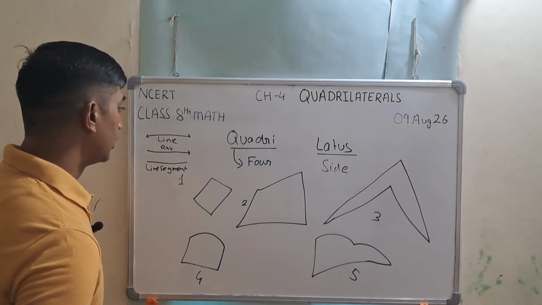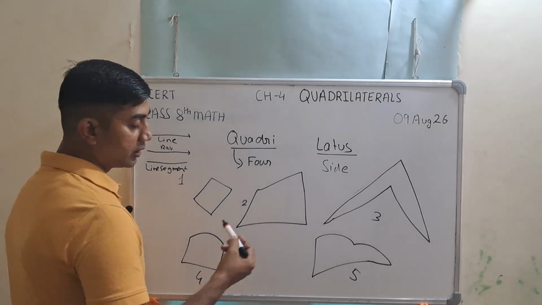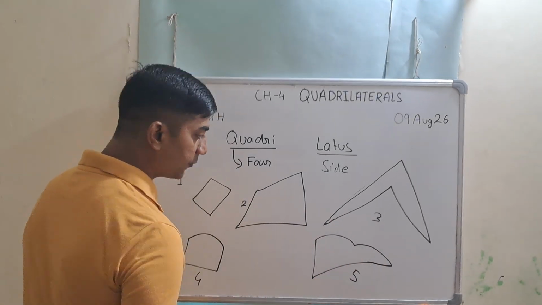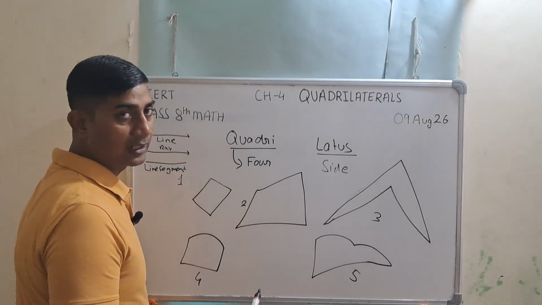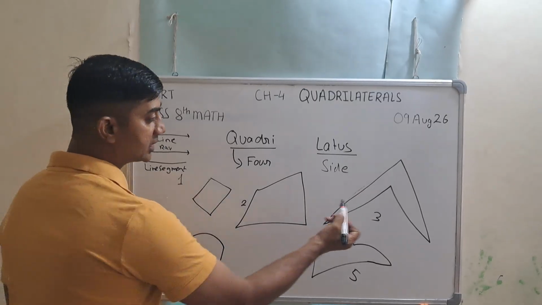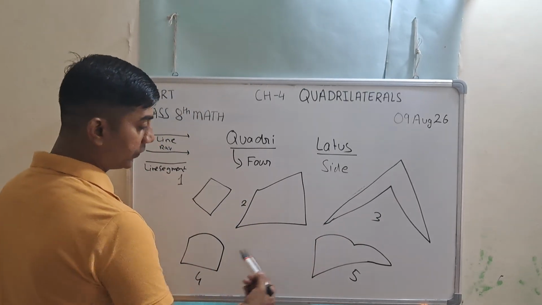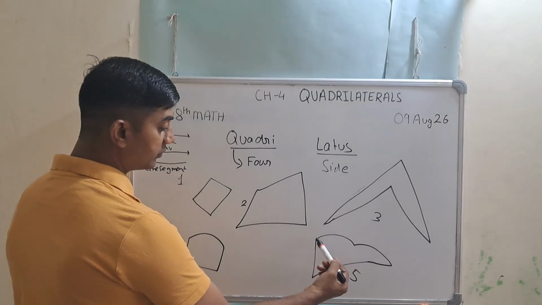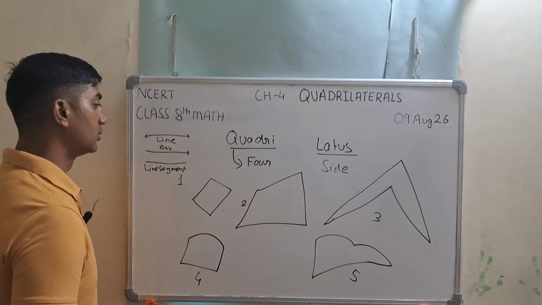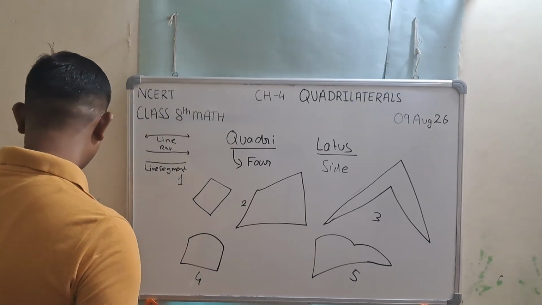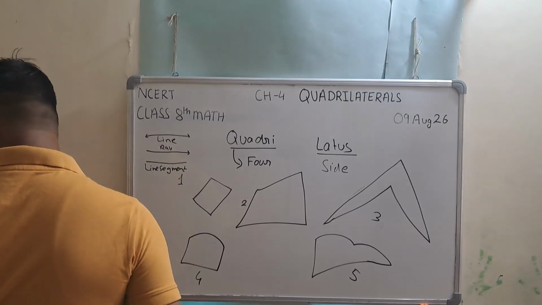Understood? So this is how you can identify, among the four-sided figures, which are exactly quadrilaterals, means all those figures which are comprised of line segments. And since these two figures have one or two curved sides, they are not. So this is what is explained in your book.